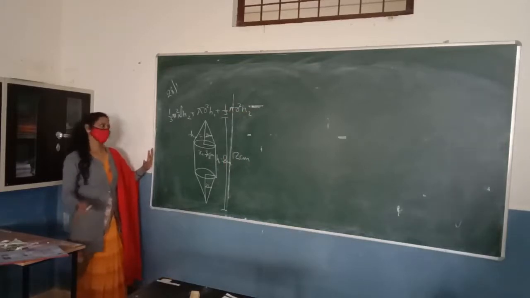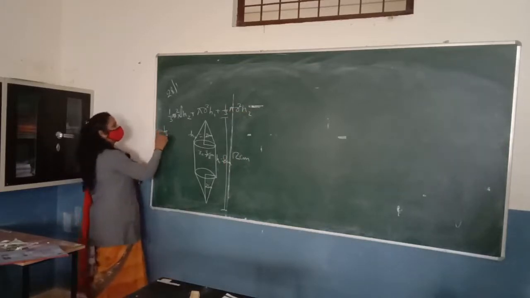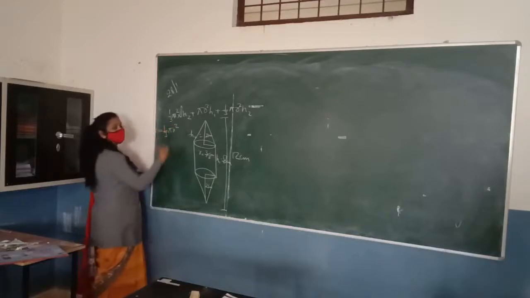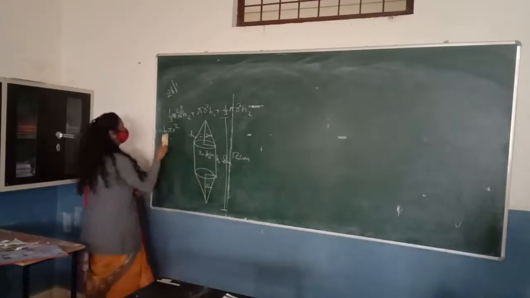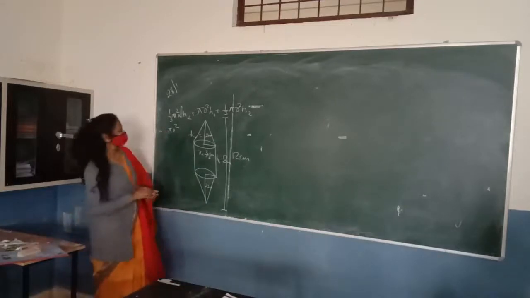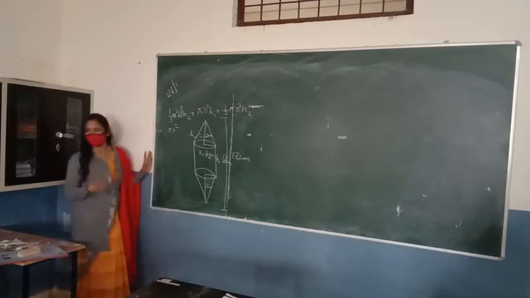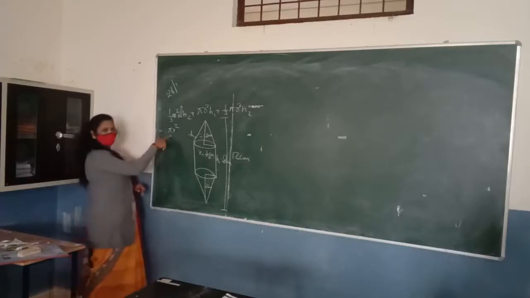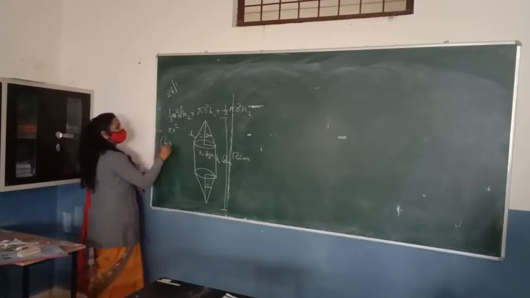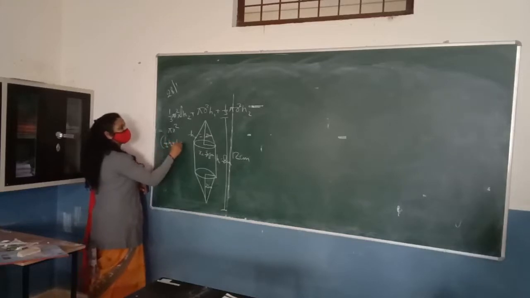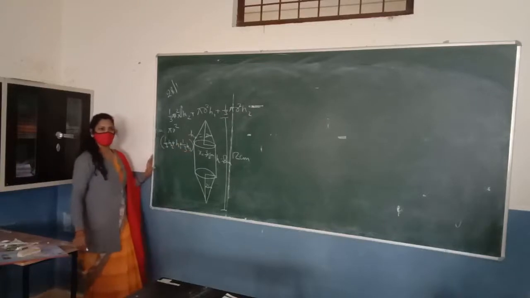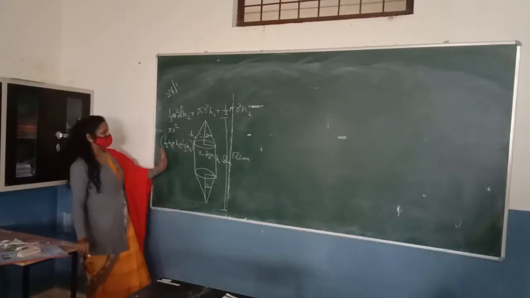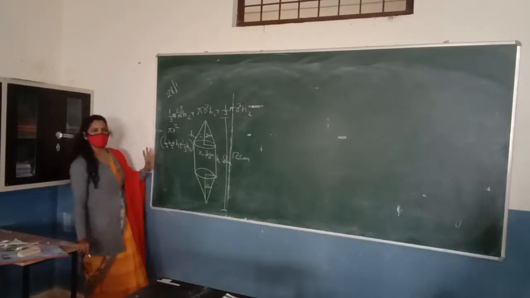Taking common: pi r square is common. So here will be 1/3 h2 plus h1 plus 1/3 h2. Abhishek, after putting the values of all these symbols, can you solve it?